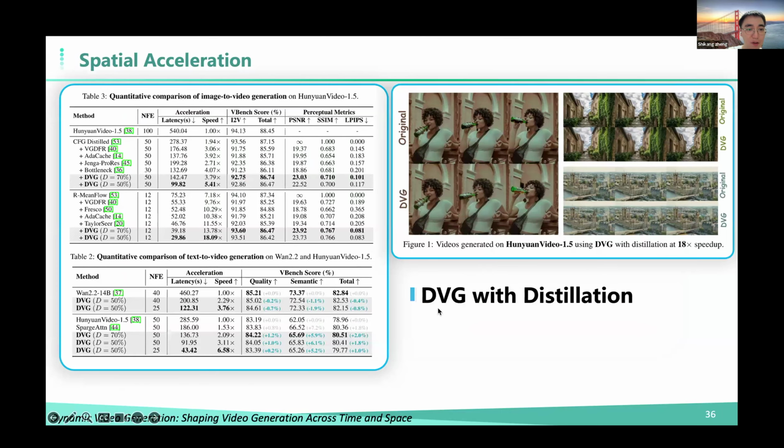And this becomes pretty successful when combined with distillation. For example, as you can see, these are the videos generated with dynamic video generation combined with MeanFlow. This is an 18 times speed-up, but it still remains highly similar to the original video.